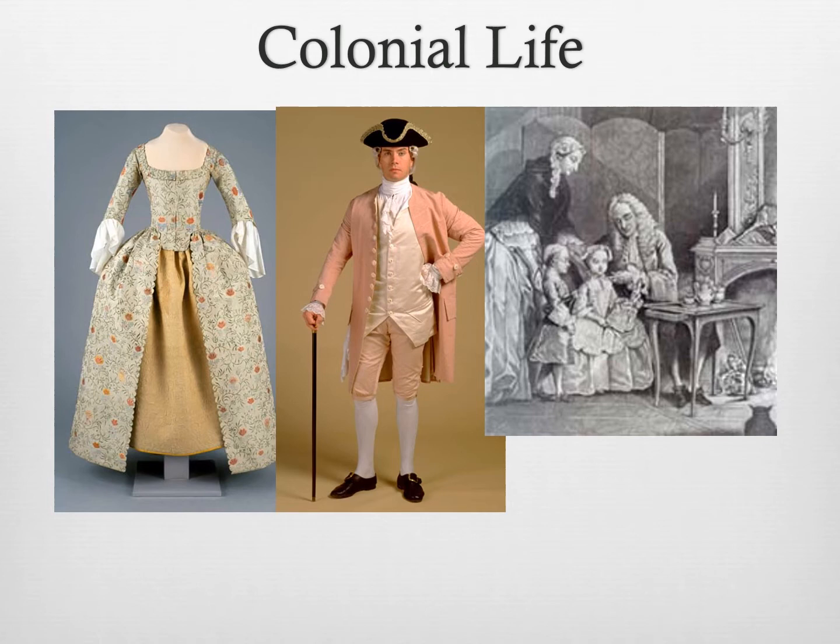So let's talk about women and families next within the colonies. There are more men than women within the colonies, which is very interesting from my point. Women were typically married around age 20 or 21, and women were pregnant roughly every 2 years. They usually had 8 children, and normally only 5 would reach maturity.